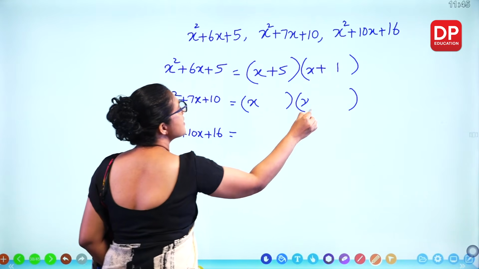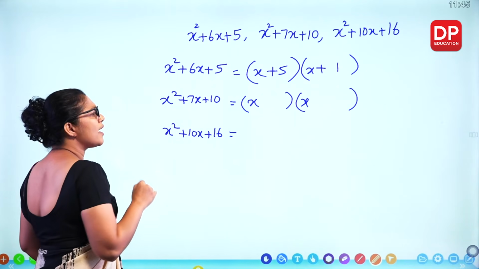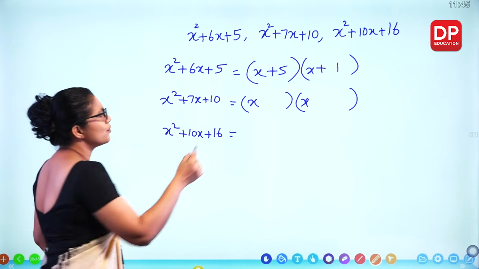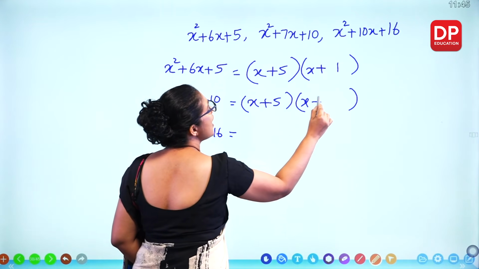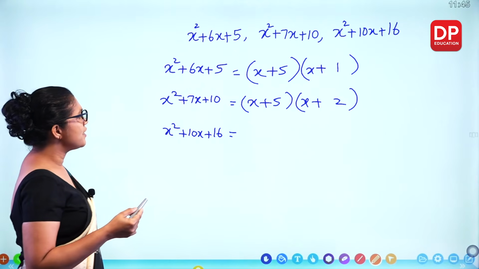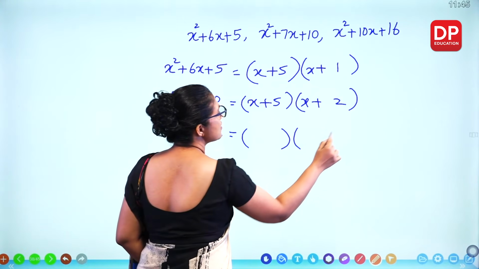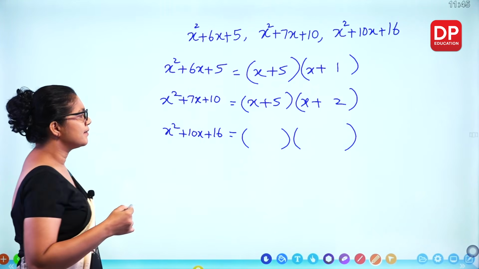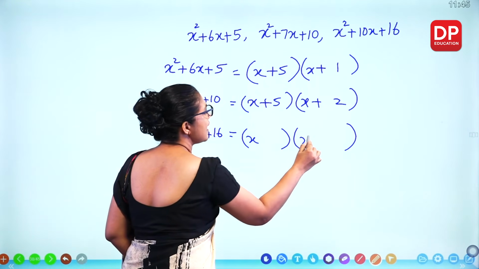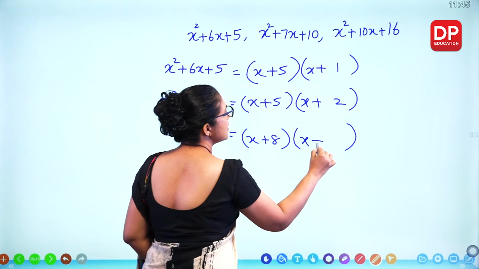x is there, x into x you get x squared. What are the factors of 10 to get 7? 5 times 2, because 5 plus 2 you get 7. What about this one? What are the factors of 16 to get 10? 8 times 2. So you can write x plus 8 and x plus 2.